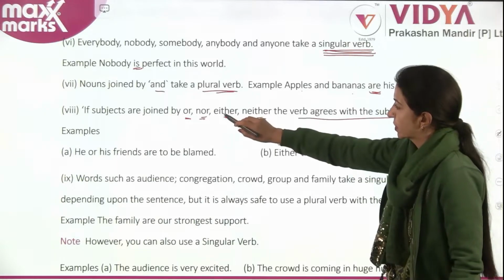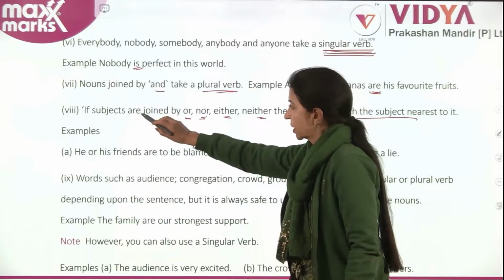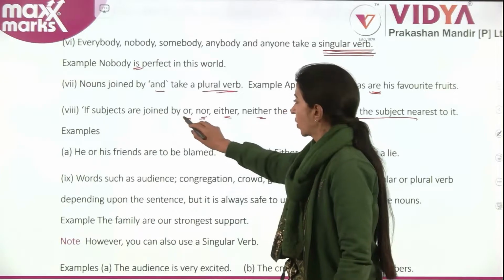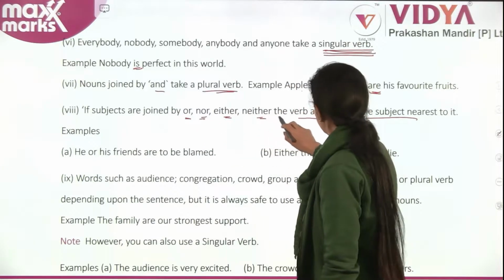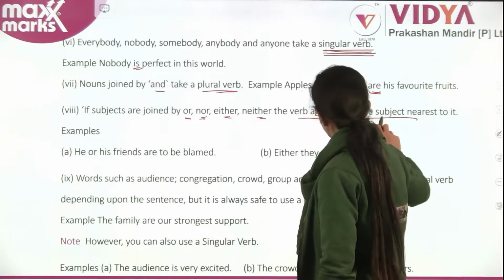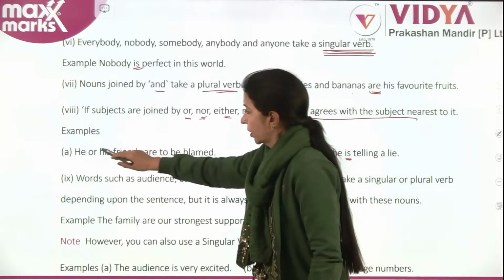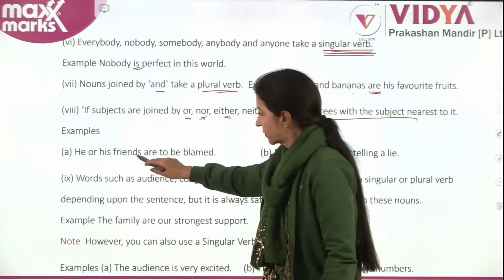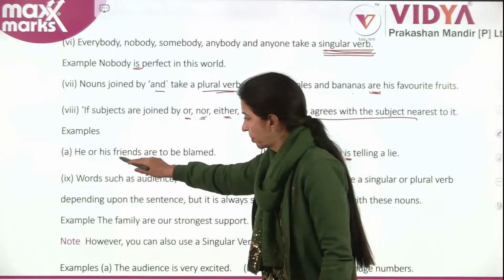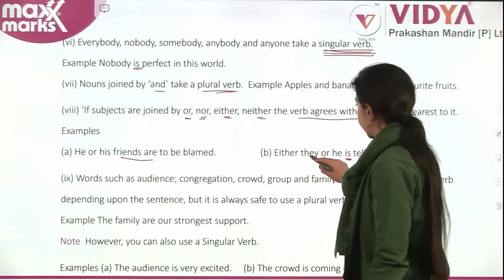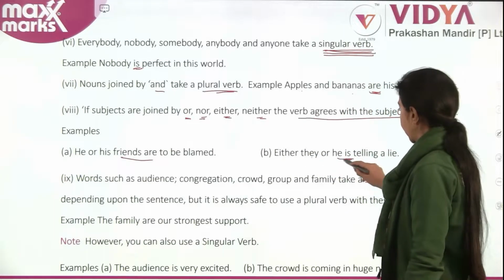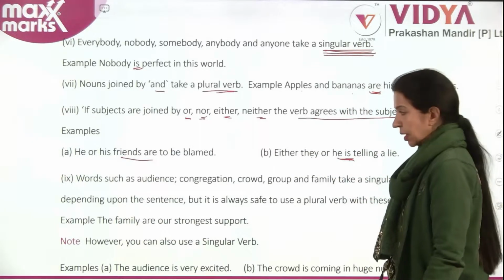So, what have we just decided? What's in the grammar rules? If subjects are joined by or, nor, either, neither, the verb agrees with the subject nearest to it. Nearest: he or his friends are to be blamed. Either they or he is telling a lie.